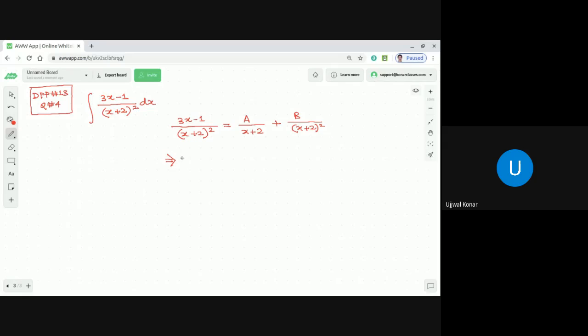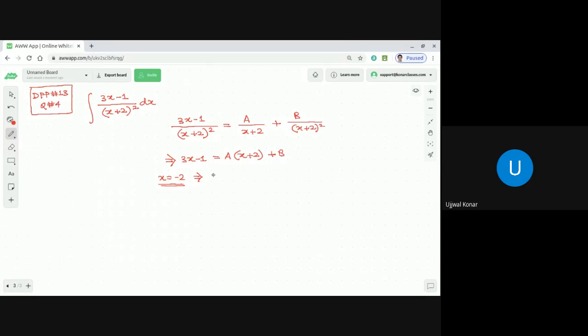From here we get 3x minus 1 is equal to a into x plus 2 plus b. Correct, no? Yes. Now apply the value x equal to minus 2.